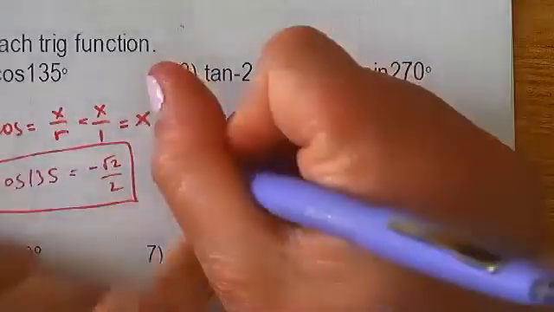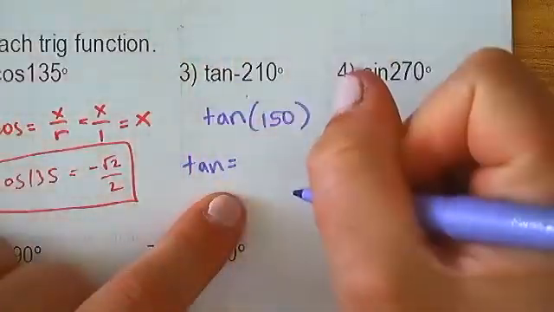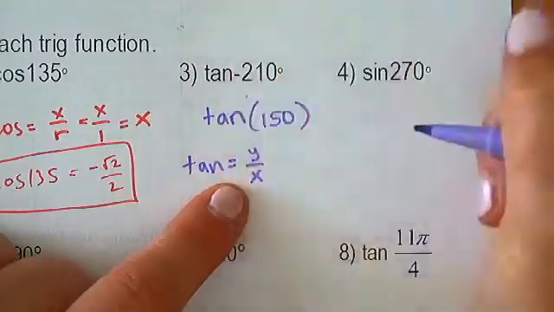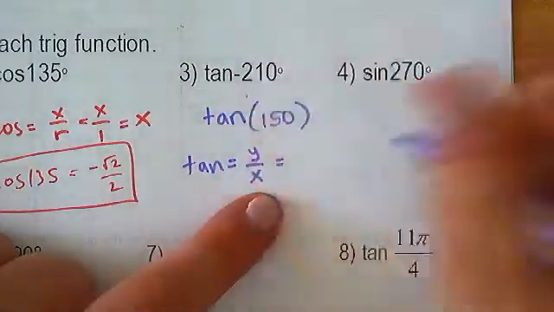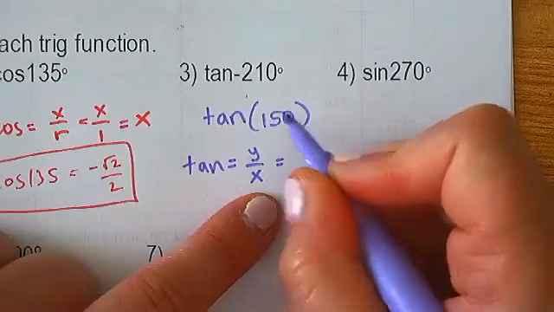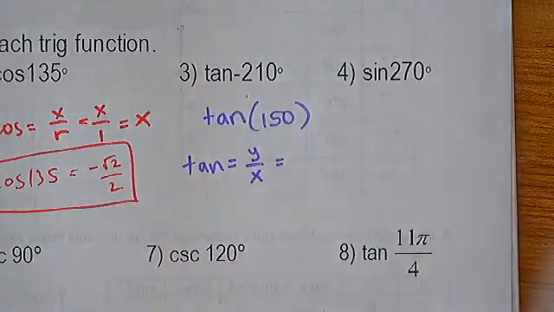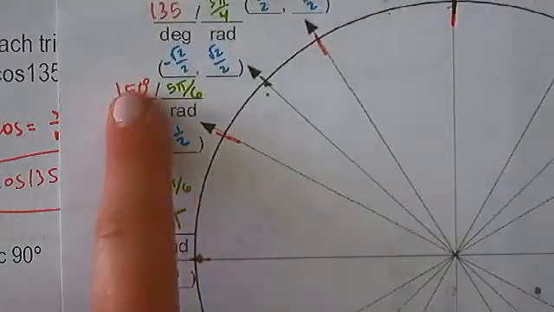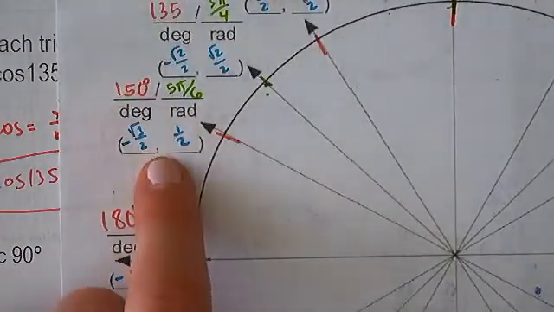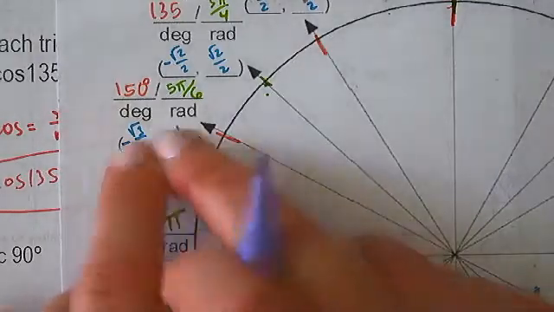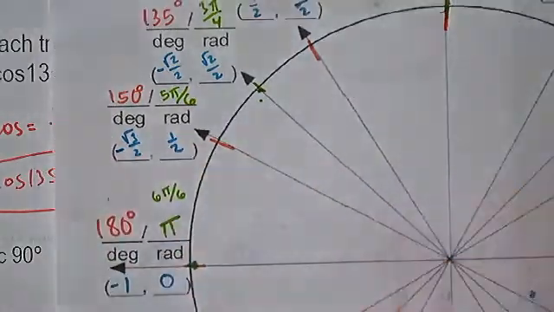So, well, what is tan equal to? Y over x, right? So you are literally going to take the y value at 150 and divide it by the x value at 150. So on the unit circle, here's 150. Here's the matching coordinate point. Y is 1/2 and x is negative √3 over 2.